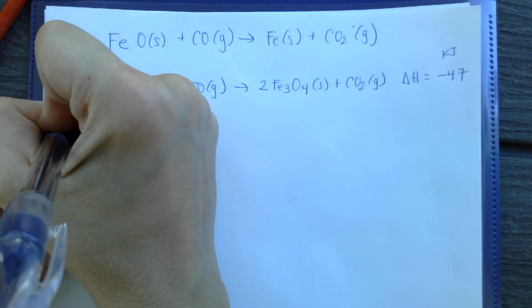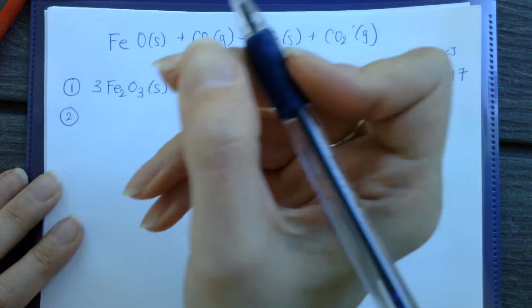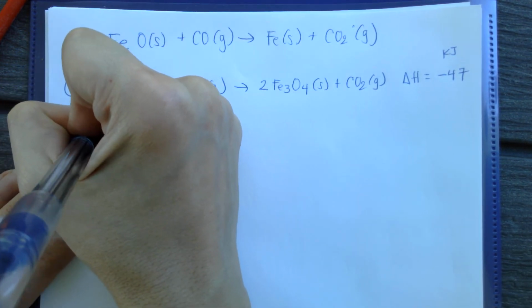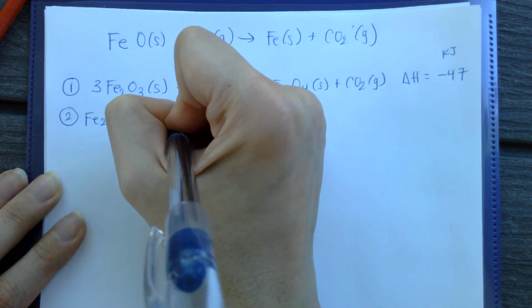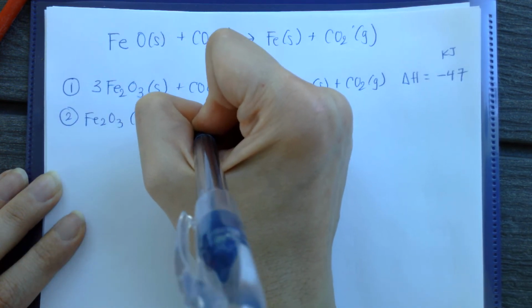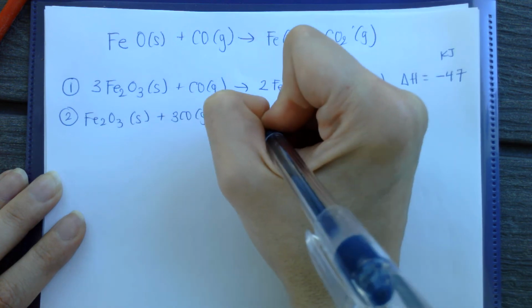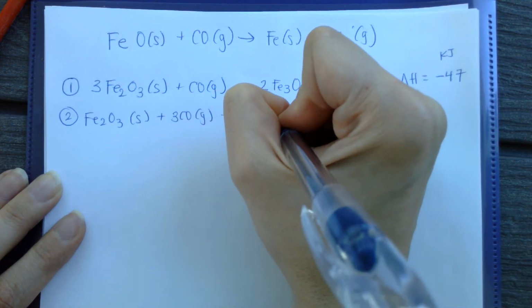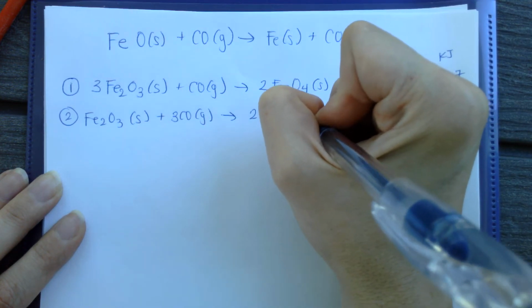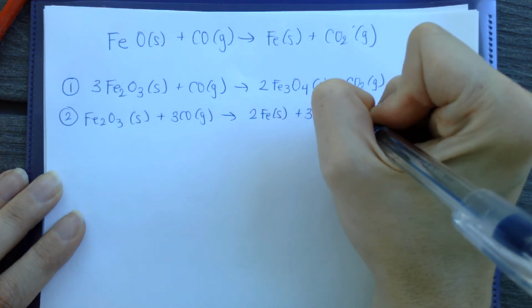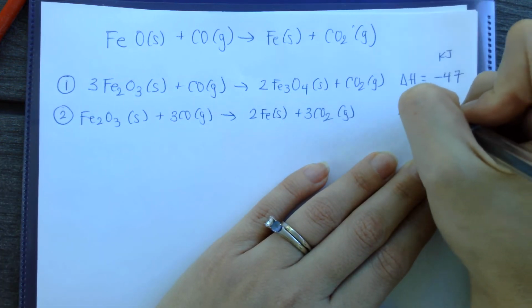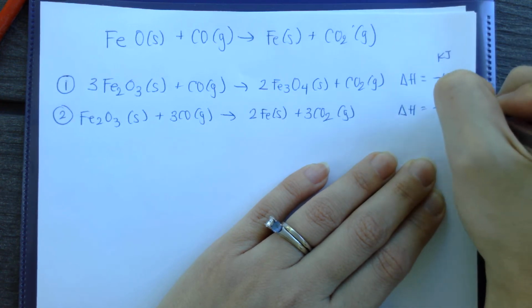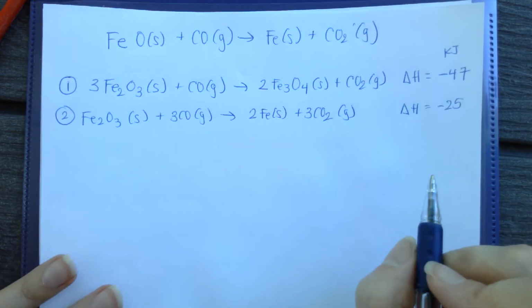Okay, so our second reaction is Fe2O3 solid plus 3CO gas to yield 2 Fe solid plus 3 CO2 gas. For this one, our delta H is negative 25, and again, units of kilojoules.